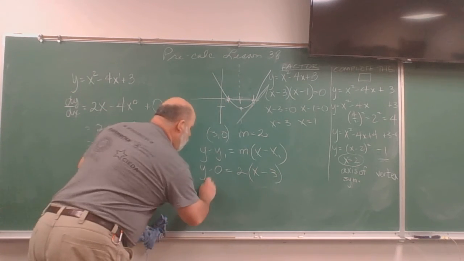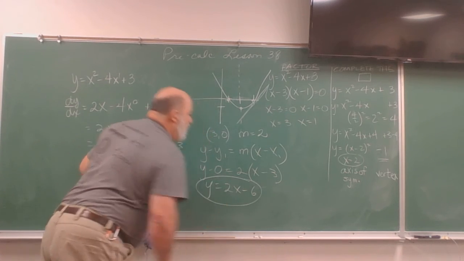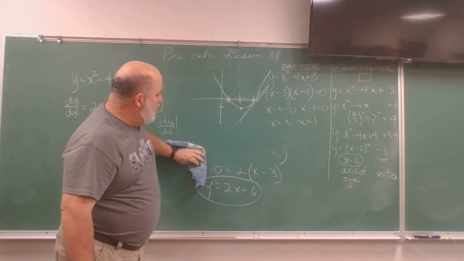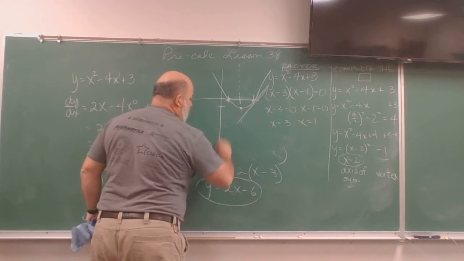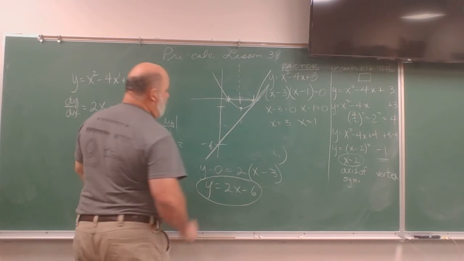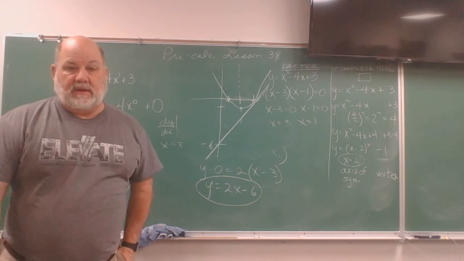Work that out, we get y equals 2x minus 6. The equation of this line up there is y equals 2x minus 6. It has a slope of 2. If we run this all the way down, it would pass through my y-axis at negative 6.